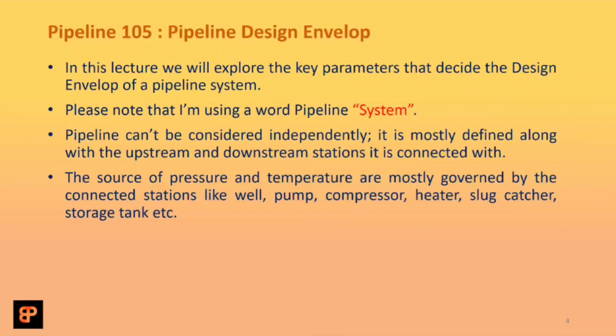We have seen in the field development lecture that from the well a flow line is connected to the gathering system. From the gathering system a bulk line is connected to the process treatment facility.